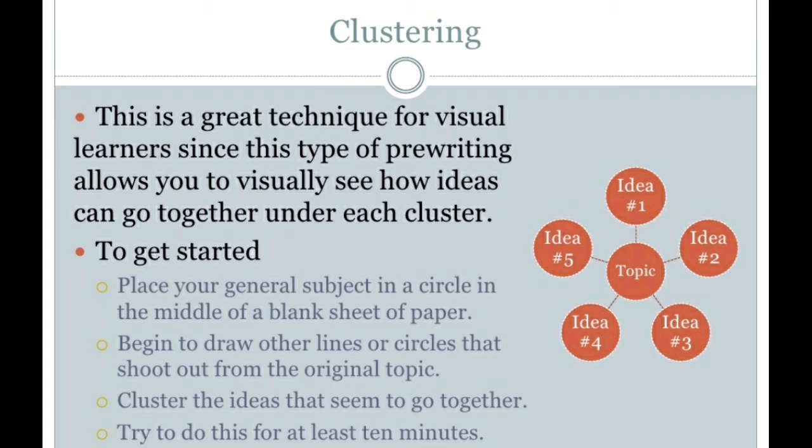On the right side of your screen you can see a topic is given, and you can see the clusters, like idea 1, idea 2, idea 3, idea 4, idea 5, and how all these ideas can be clustered or brought together for the topic we have selected to write.